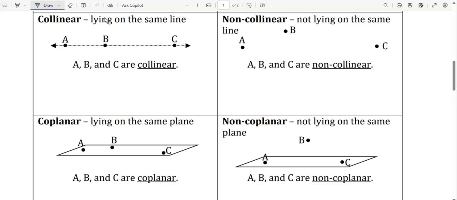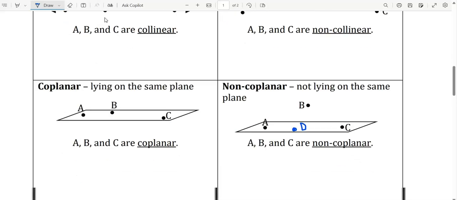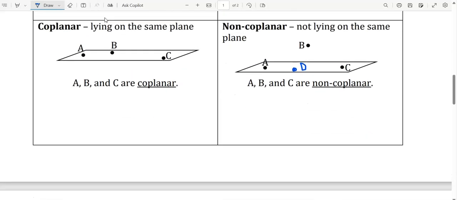Three points are always coplanar, because they can make a triangle, which is flat. Put a fourth point here. If that fourth point is not in that flat triangle surface, then that's non-coplanar. Very important here. That's it for the front page.